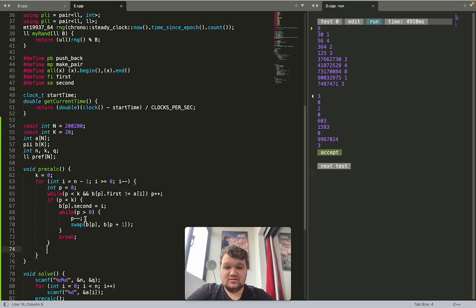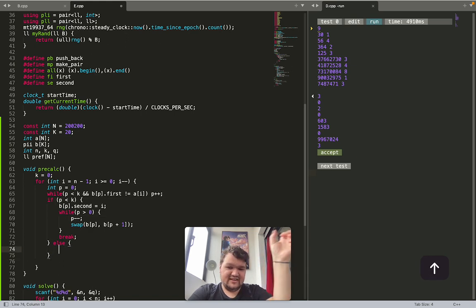Otherwise, I need to create this new element as the leftmost one and shift all the existing ones to the right. And if I already have this big K number of elements, then I need to forget about the last one.